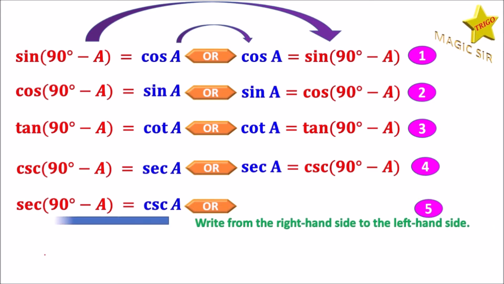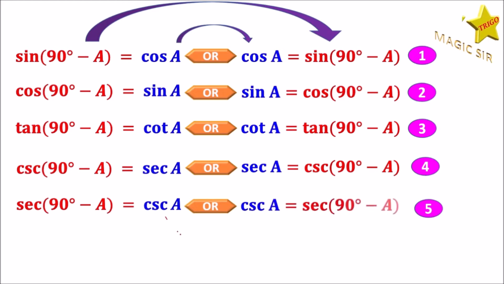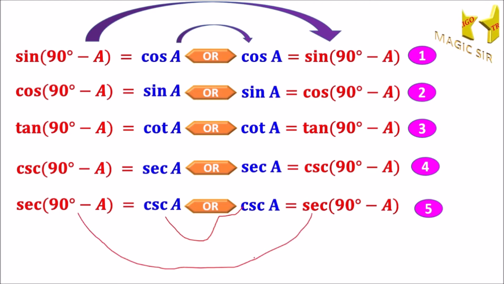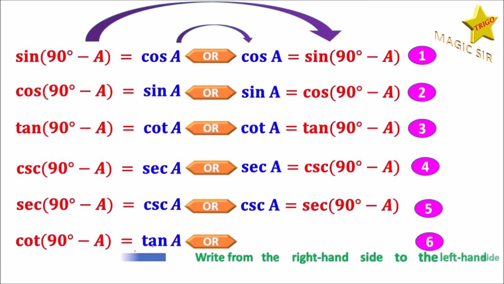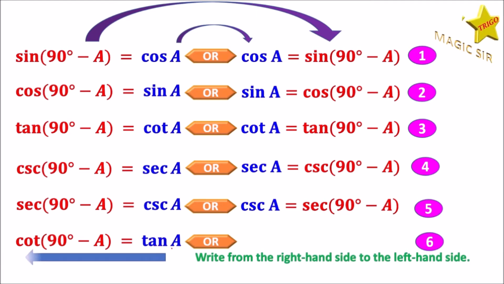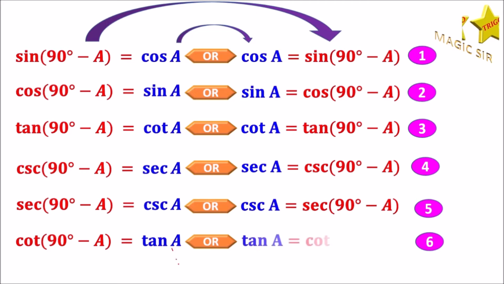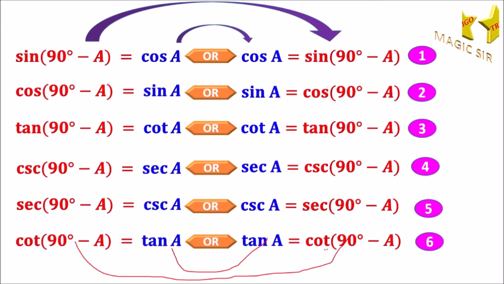That is cosec A is equal to sec 90 degrees minus A. And the last, cot 90 degrees minus A is equal to tan A. Or we can write this formula from the right hand side to the left hand side. That is tan A is equal to cot 90 degrees minus A. Now let us consider some examples based on these formulas.